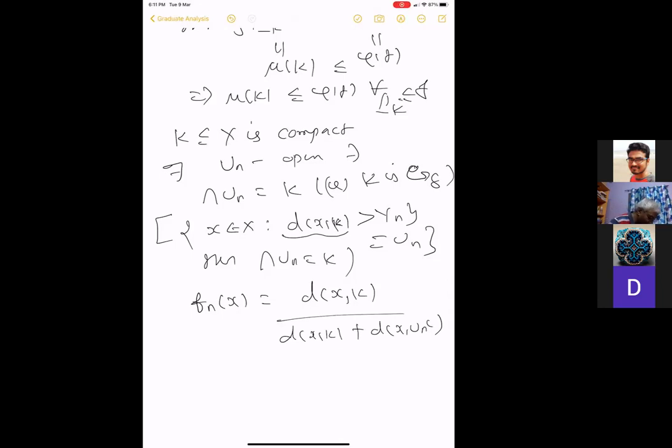You define it like this, then f_n is greater than or equal to 1_K and less than or equal to 1. f_n takes the value 0 on K and 1 on U_n complement. Yes, it's less than or equal to 1, in fact 1 on U_n.